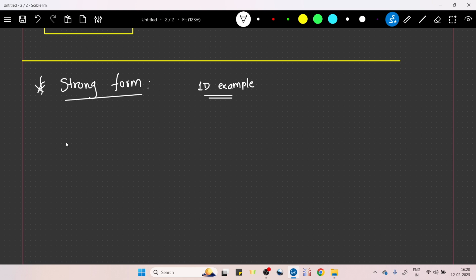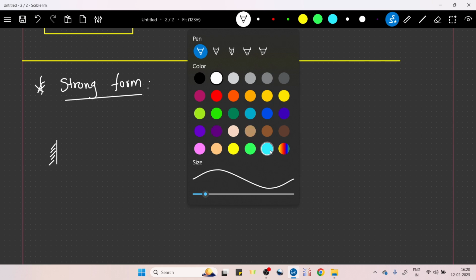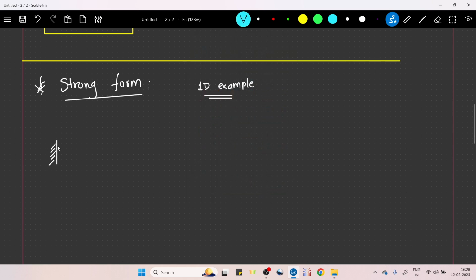Okay, let's see the strong form, and as I said, I will take a simple example. I'll take a rod subjected to an axial force.